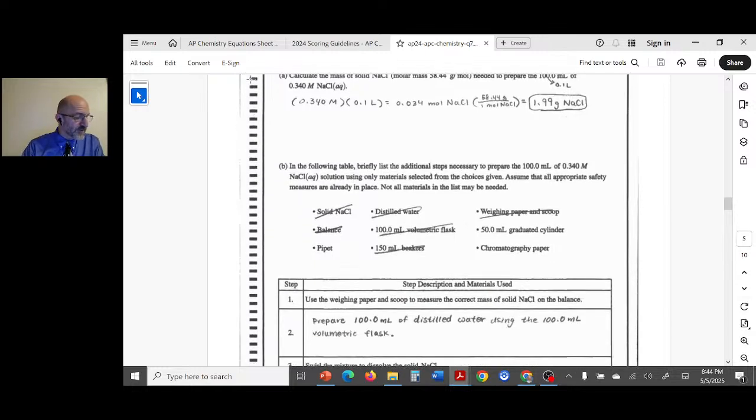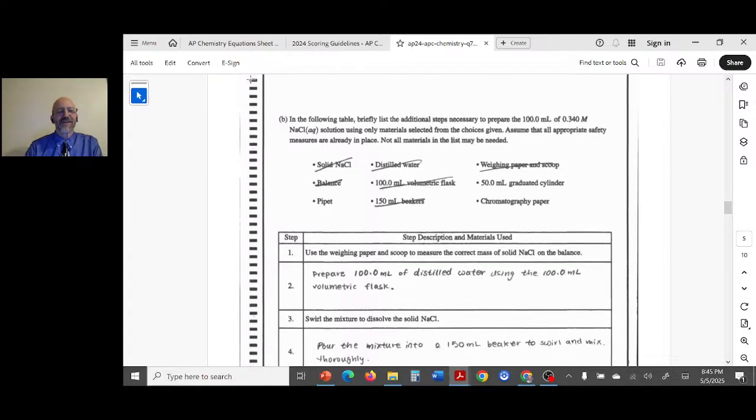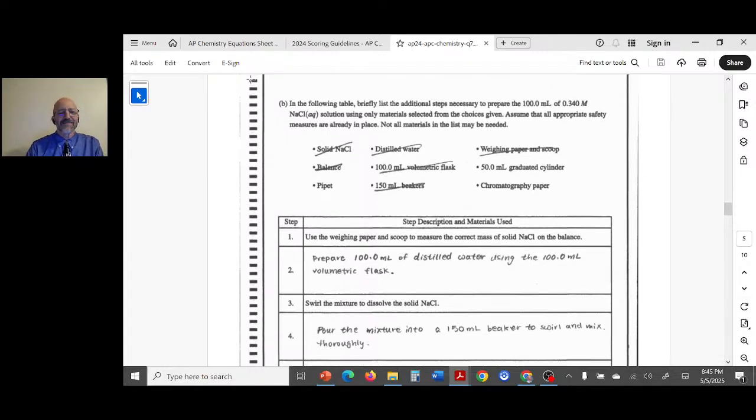In part B, the first point was not earned due to not indicating adding the solid sodium chloride to the flask. Like, what? You go from weighing the sodium chloride on the balance to adding 100 mL of distilled water to the volumetric flask. You forgot to mention add the solid, and you obviously wouldn't add all 100 mL of water at once. Then it says that the second point was not earned because the volumetric flask is not filled to the 100 mL mark after dissolving the solid.